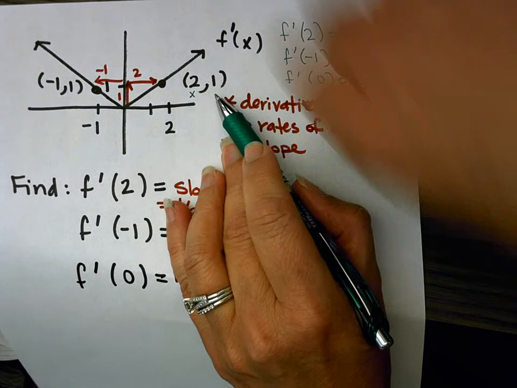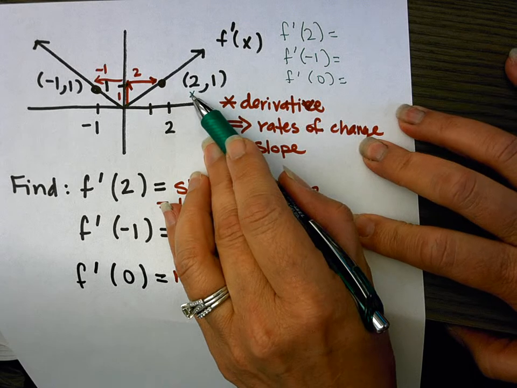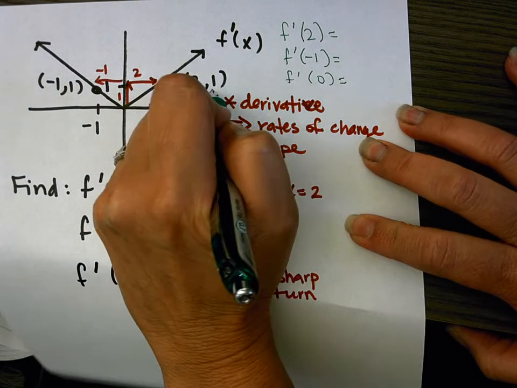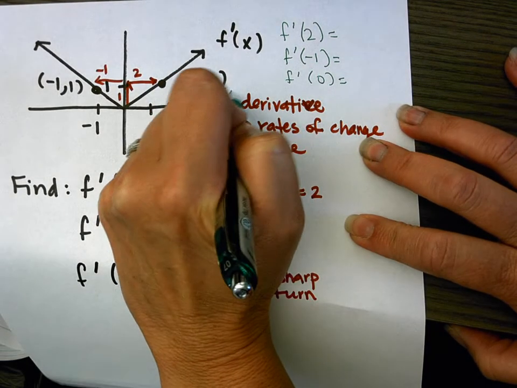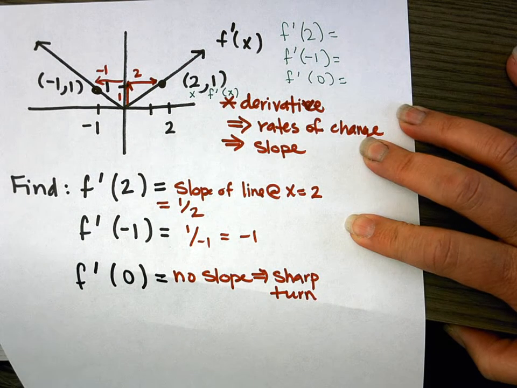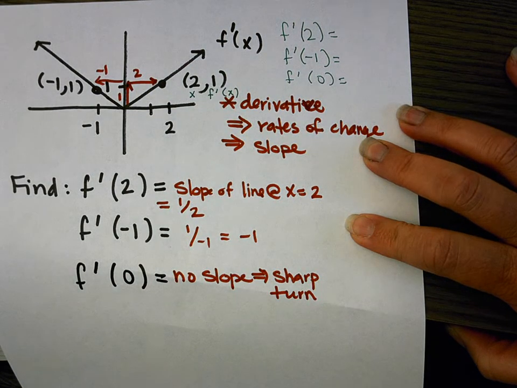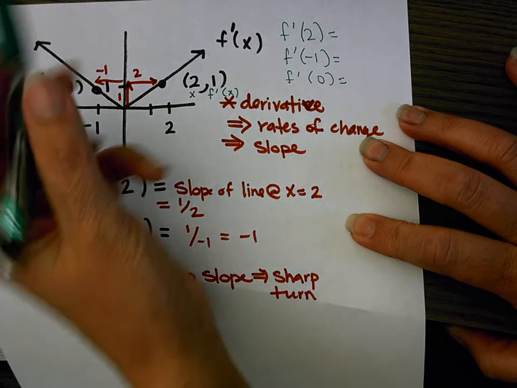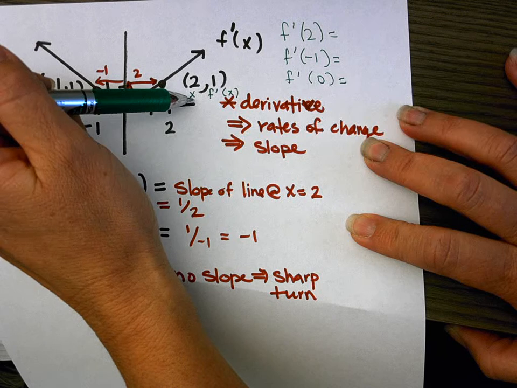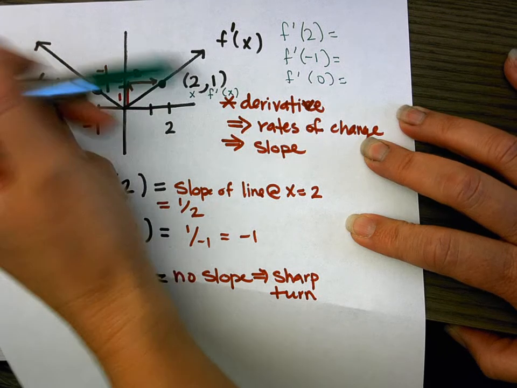But because it's f prime, this is x equals 2, so this would be f prime of x, right? So with that said, what would be f prime of 2? When x is 2, f prime of 2 would be 1.